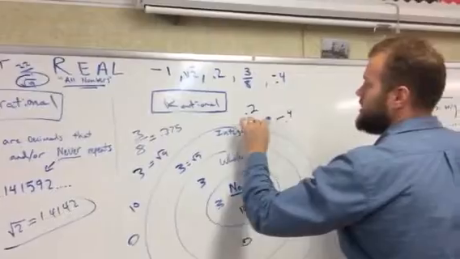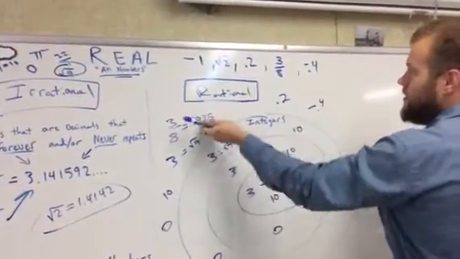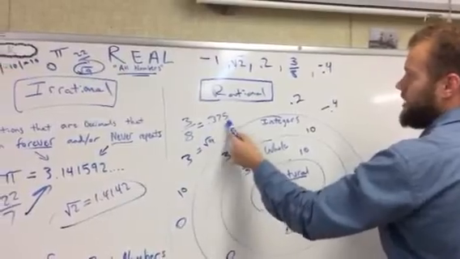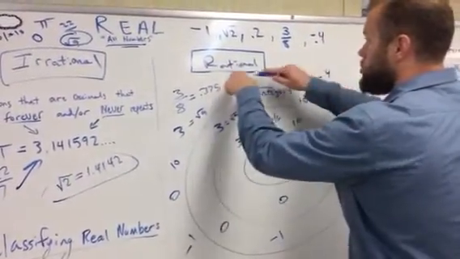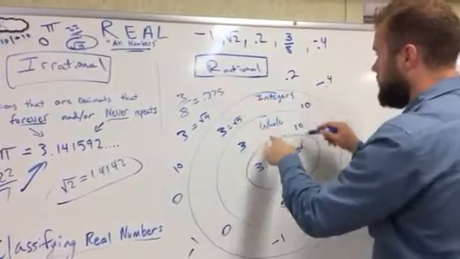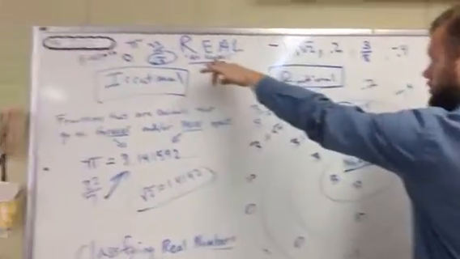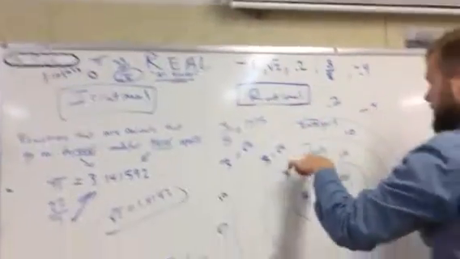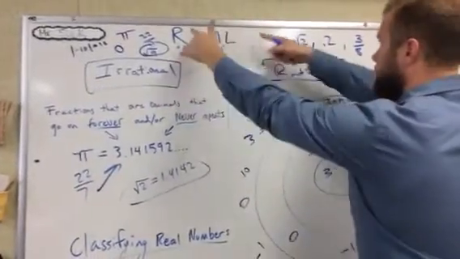And then these are fractions that turn into decimals that end, and that's what rational numbers are. But remember, rational numbers are also all of these, and all of these. And real numbers are all of these, and these. These are called subsets of real numbers.